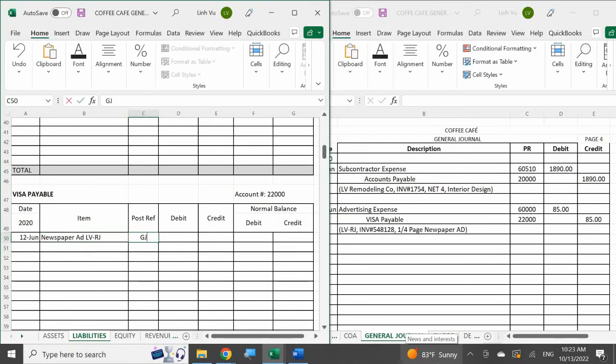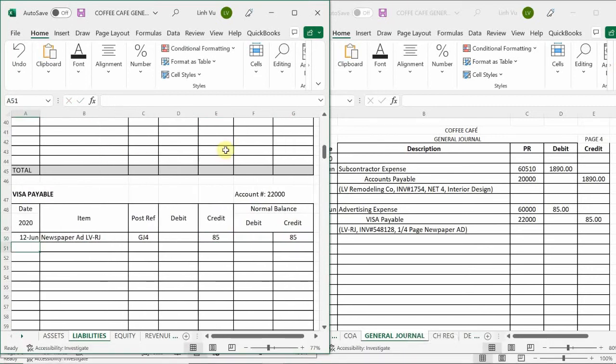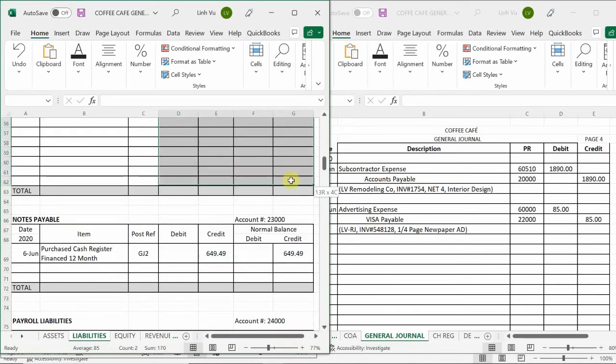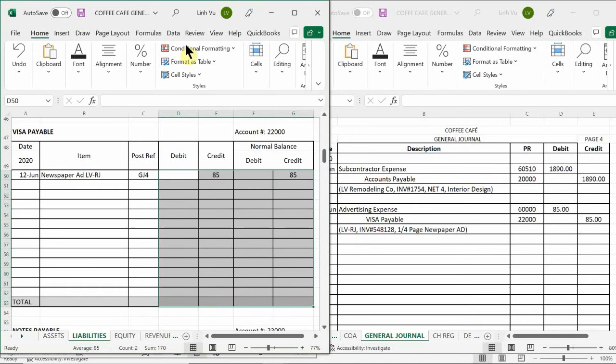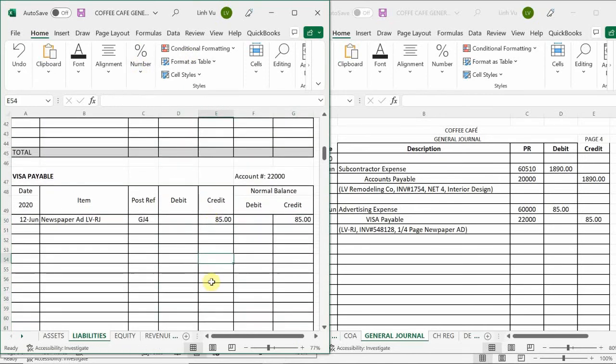Okay? And we're on page 4, and because you are creating a liability, it's going to be on the credit side. Okay, so you just charged your credit card for the first time for $85.